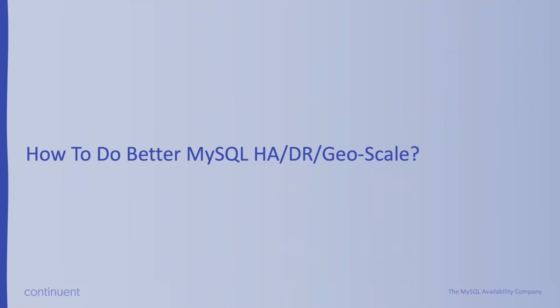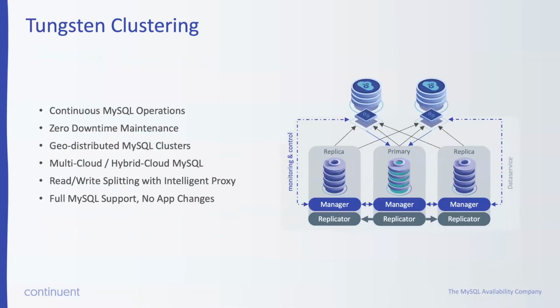So how do we approach building a better MySQL Geo-Scale solution? Well, here at Continuent, we have our proven solution, Tungsten Clustering, right? This provides continuous MySQL operations, so highly available, zero downtime maintenance, so we can do OS patching, MySQL patching, maybe upgrading to the latest version with no downtime.